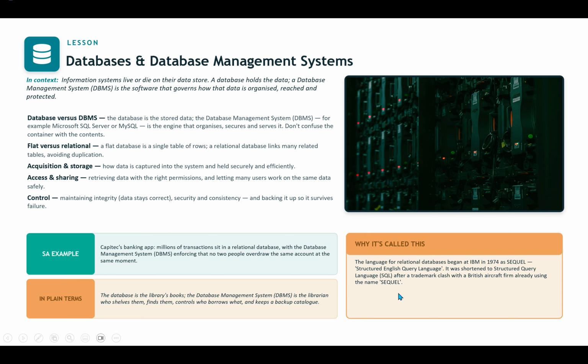All right. Then we have the analysis and design for future structure. So a good design fits the organization, not just the task. So you study how the organization is shaped and pick analysis and design techniques that suit it.